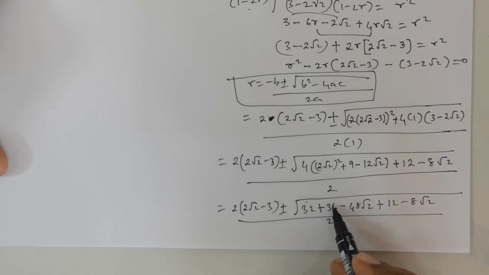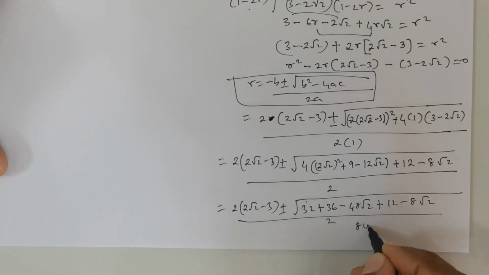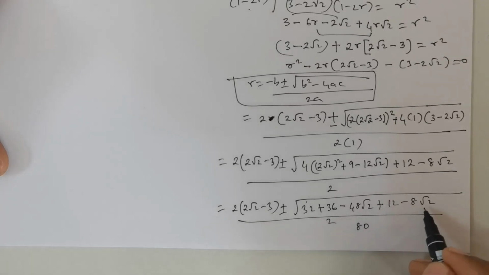So these things can be added. So 32, 32, 62, 68, 70 and 80. That's going to be 80 there, 80 and 8 and root 2.